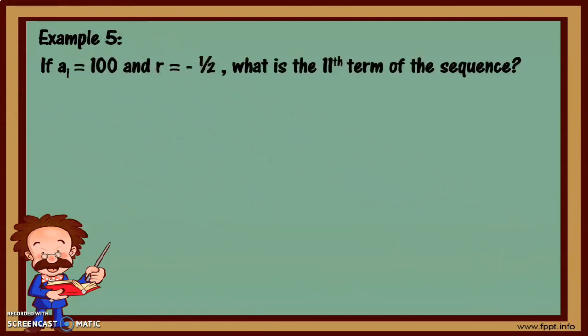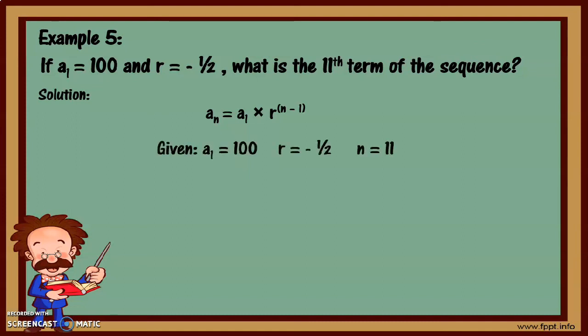Another example, if a sub 1 is equal to 100 and r is equal to negative 1 half, what is the 11th term of the sequence? So this time, there are two givens. A sub 1 is equal to 100 and the common ratio is negative 1 half. And we will find the 11th term. So the given: a sub 1 is 100, r equals negative 1 half, and n is equal to 11.